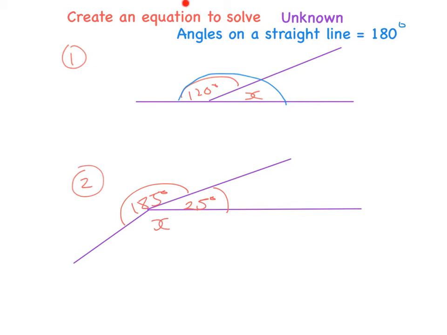So I'm asked to write an equation, and an equation has a letter, numbers, and an equal sign. So I know that if I add 120 degrees with this x here, because it's on a straight line, I should get 180 degrees.